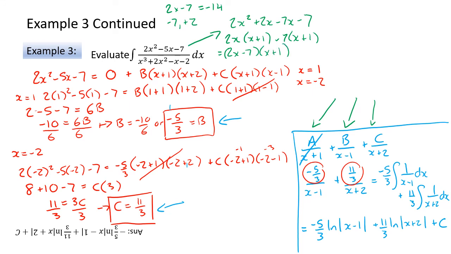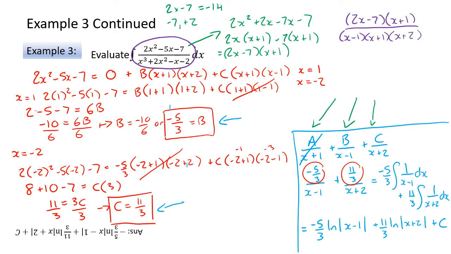Remember, our 3 factors were x plus 1, x plus 2, and x minus 1. So if we were to write out this integral, the numerator would be 2x minus 7 times x plus 1, divided by x minus 1, x plus 1, and x plus 2.